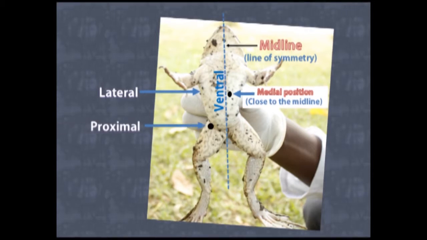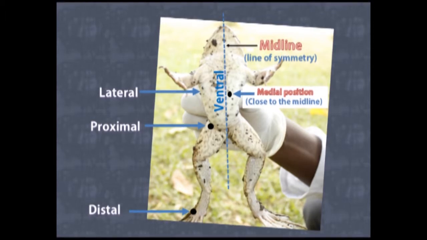We say proximal if we are referring to a point that is close to the point of attachment of the limb onto the trunk, while distal is used to describe a position of a structure that is far away from the point of attachment of the appendage or limb to the trunk.